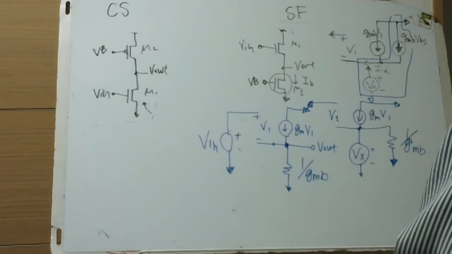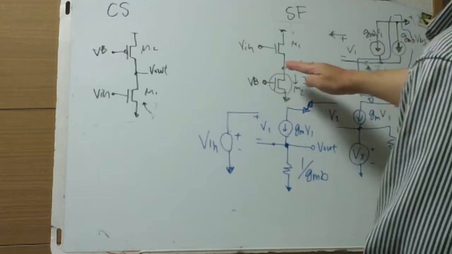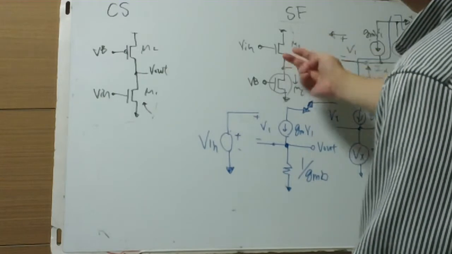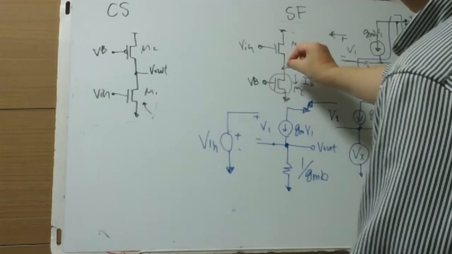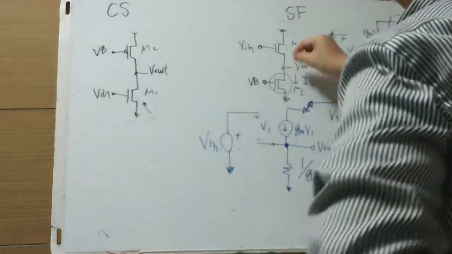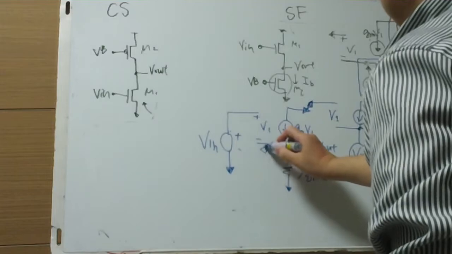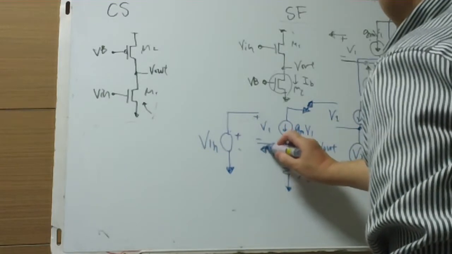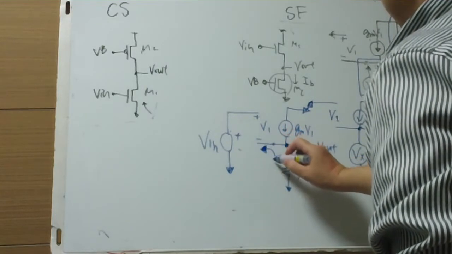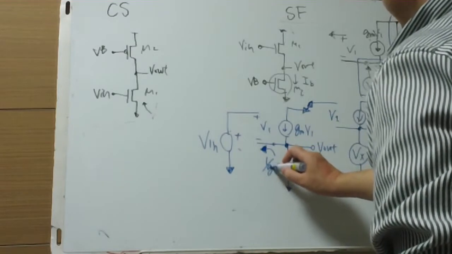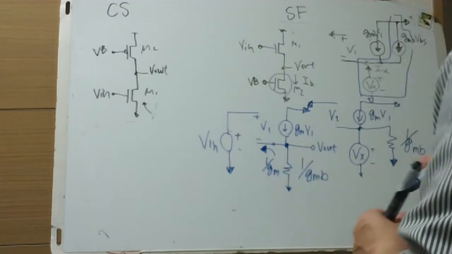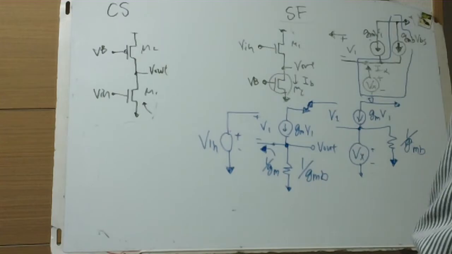And we know from this, looking into the source, the same as this. Looking at the source of M1, 1 over Gm is the resistance looking at the source.